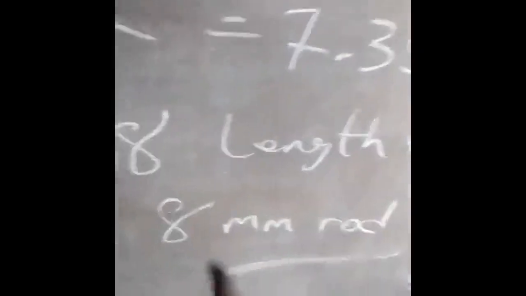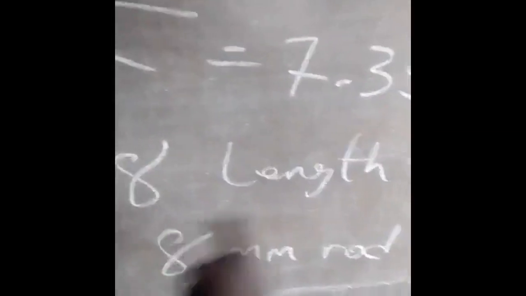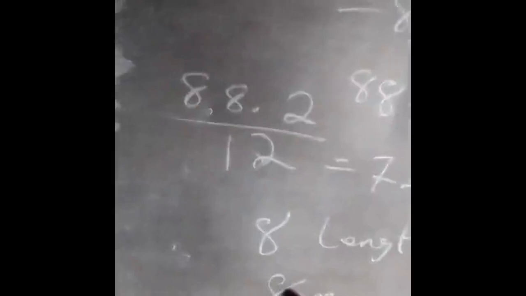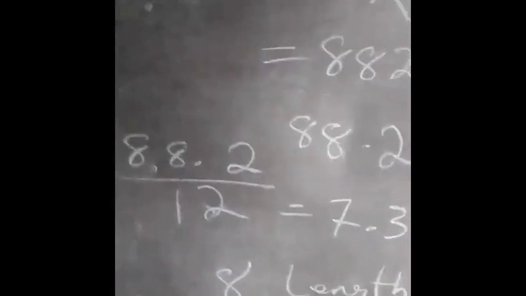You get the number of rods; approximate it to the next whole number. The 8 means 8 mm rod. It's very simple. You can do this. Use it for your beam, and for the stirrups in the lintel. It is the same pattern. Thank you very much.